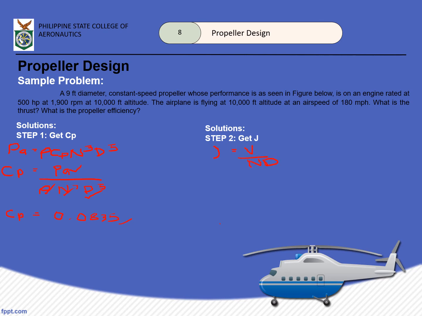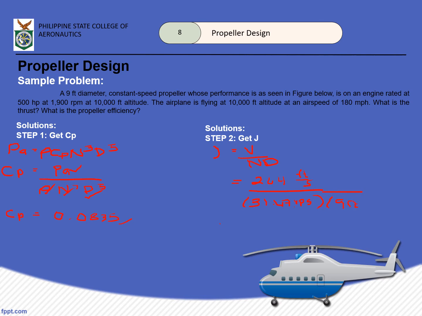We already converted the velocity earlier: 264 feet per second, all over the RPM converted to RPS, which is 31.67 RPS, multiplied by the diameter, 9 feet.